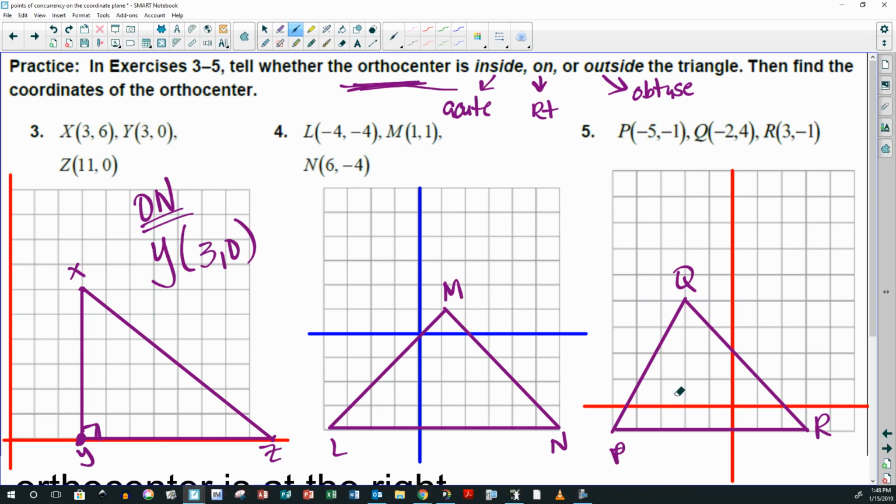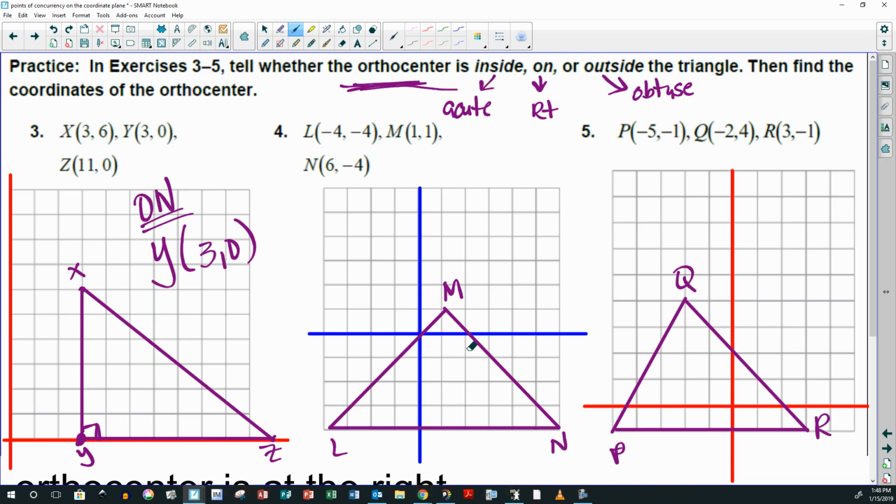We don't know what these two are yet because I don't know their slopes. It's easy to determine if it's a right triangle when your sides are perpendicular, and you know that because they're horizontal and vertical. But over here, since these two are slanted, I have to find their slopes so that I can determine if they're perpendicular or not.